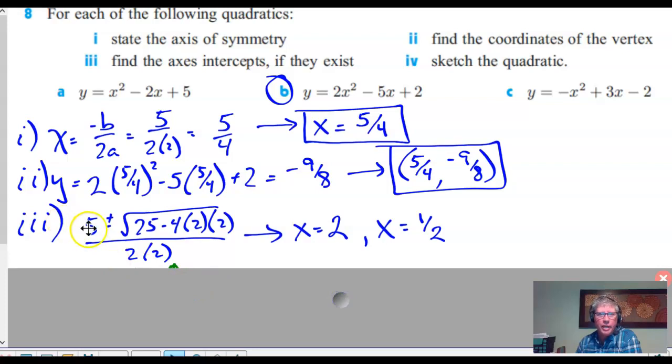So I plugged in -b plus or minus square root of b squared minus 4ac under the radical sign, draw a line, and down below the product 2 times a will go. There's a little bit more to it. Quadratic, quadratic, crank it out. Give us the roots without a doubt. Bam. All right. If I plug this in correctly, I got 2 and 1/2. So I would say that they cross the x-axis at +2 and +1/2.